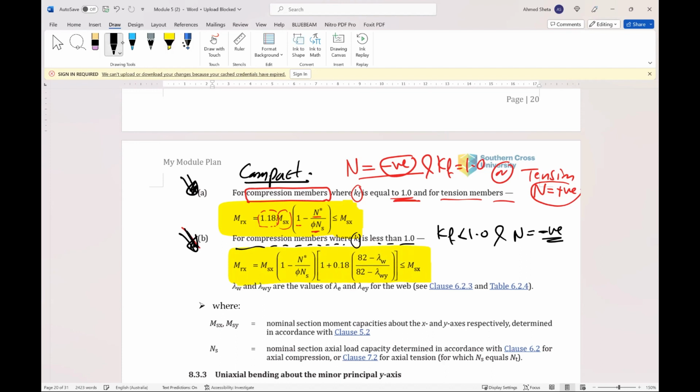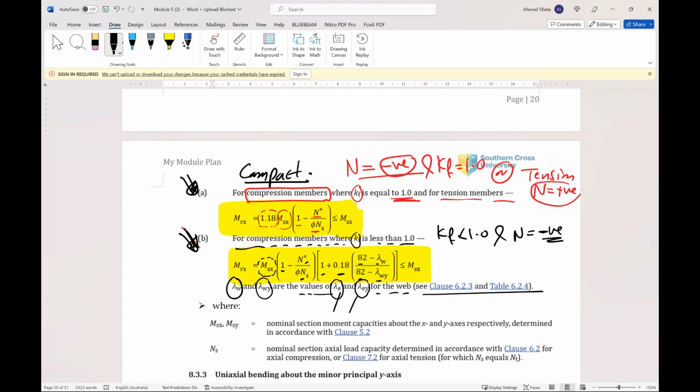Mrx equals Msx times 1 minus N star over phi Ns times 1 plus 18.2 minus lambda w over 82 minus lambda wy, where lambda w and lambda wy are the values of lambda e effective and lambda e yield for the web.